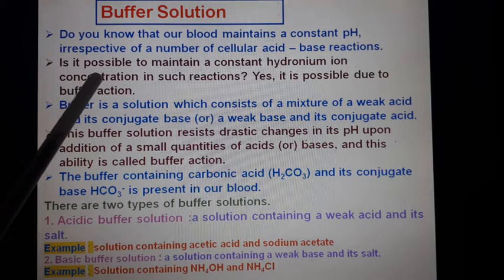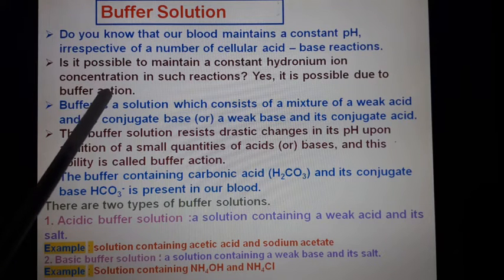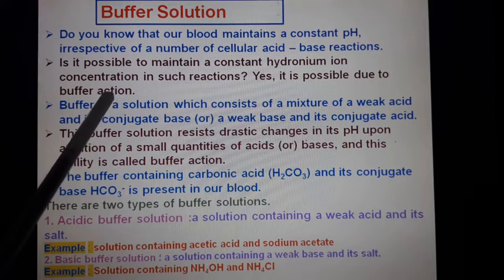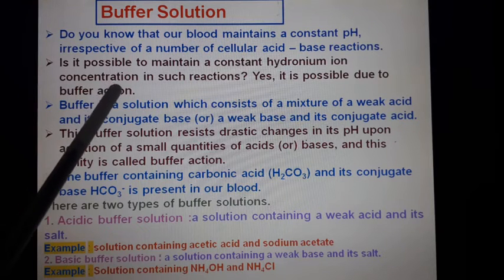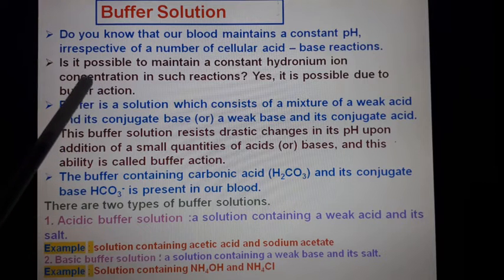In our body, the blood has so many salts and bases, and the circulation of blood maintains the pH values constantly. Why? Because of buffer action. In our blood, the pH value is maintained throughout life because of buffer action.